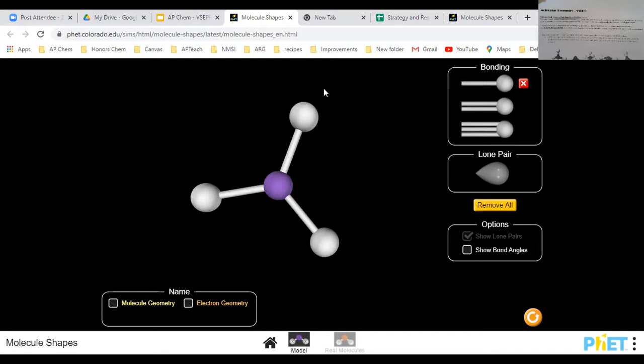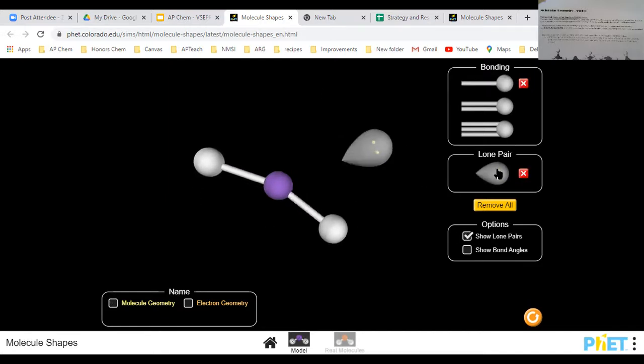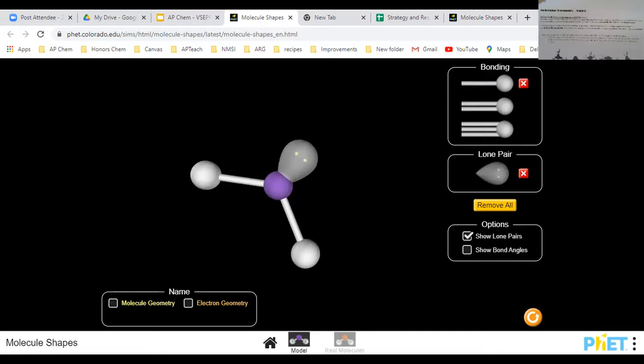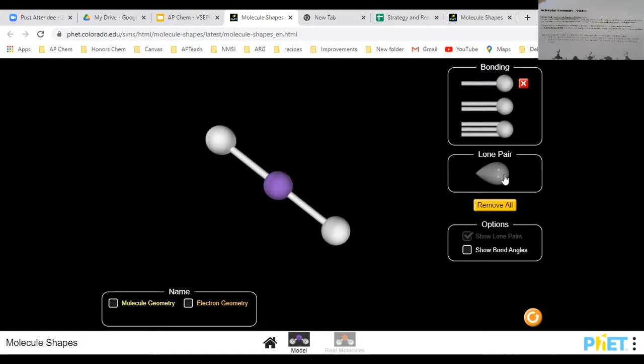However, what if one of these is a lone pair? We can't see the lone pair. We see bonded atoms, not lone pairs of electrons, but those lone pairs impact the geometry. Because this is a lone pair, we don't go back to linear.